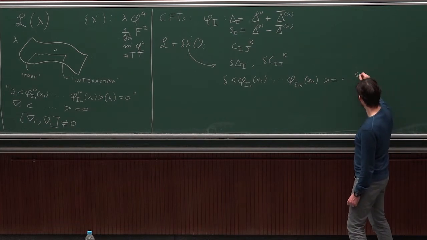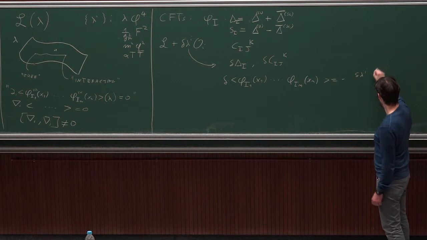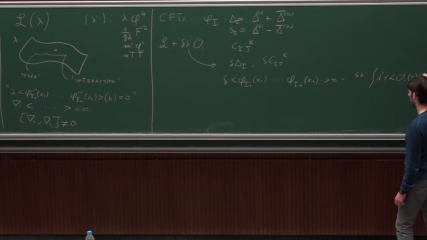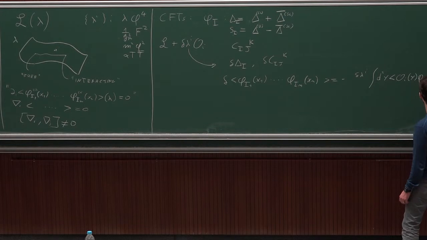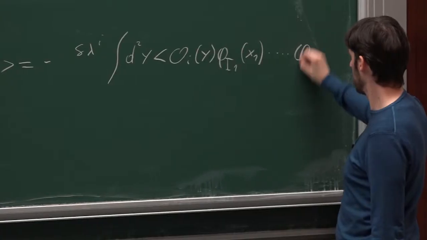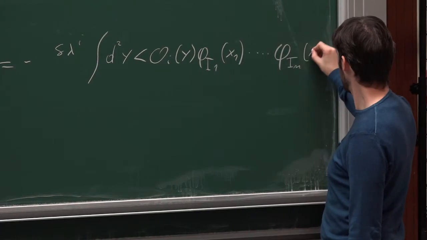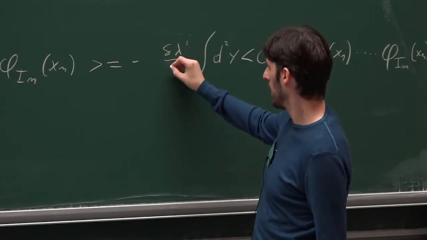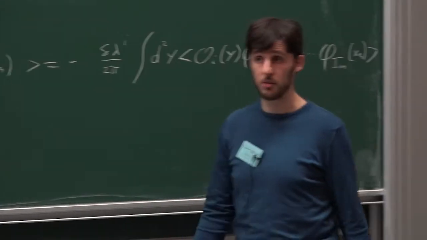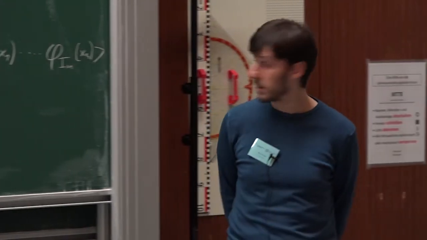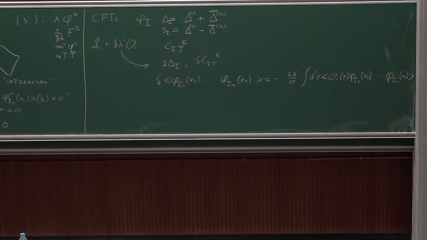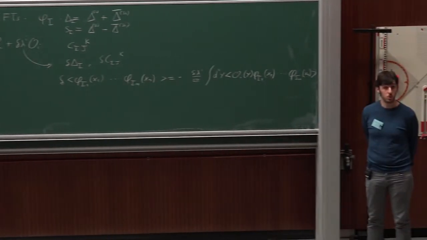So I will write, this is given by an integrated correlation function of this form. And I left space for a normalization factor that will be convenient for me, but you can choose whatever you want.